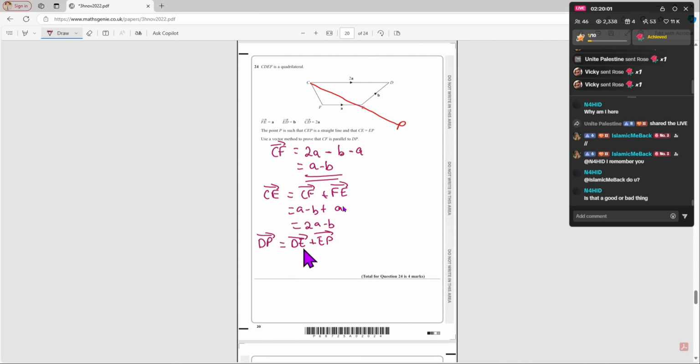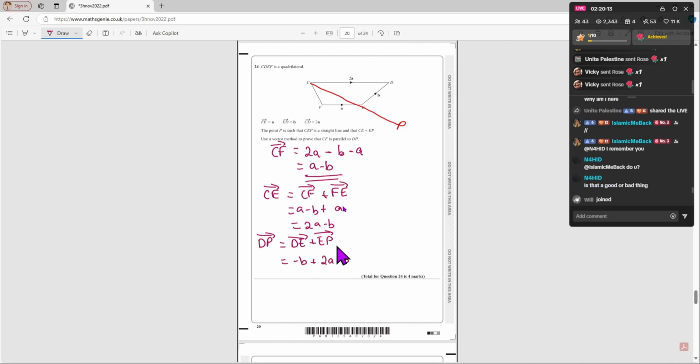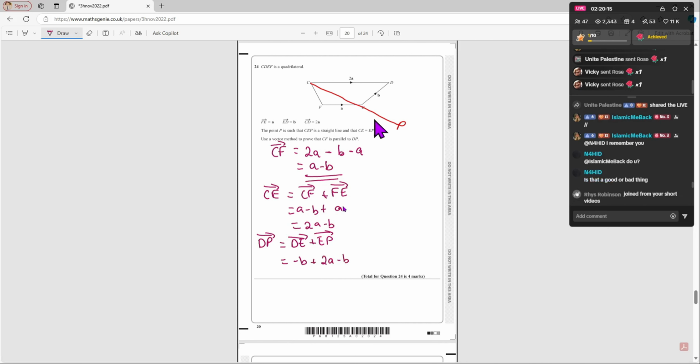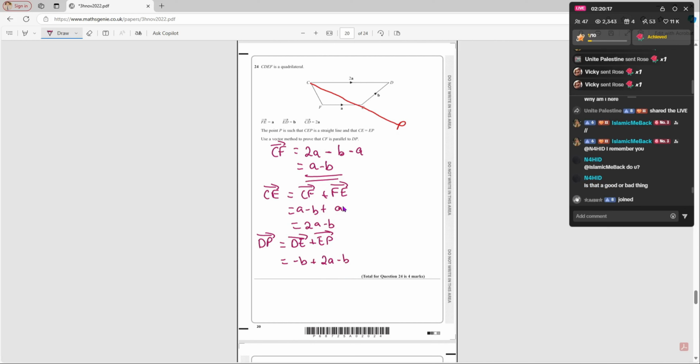And then we write this DE, we know it's going to be equal to B. Remember, it's negative B because we're going the opposite way around. Negative B plus 2A minus B. Remember, EP is going to be from E to P, is going to be 2A minus B. It's going to be equal to 2A minus 2B.